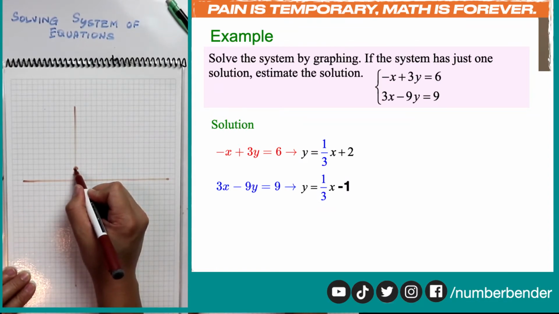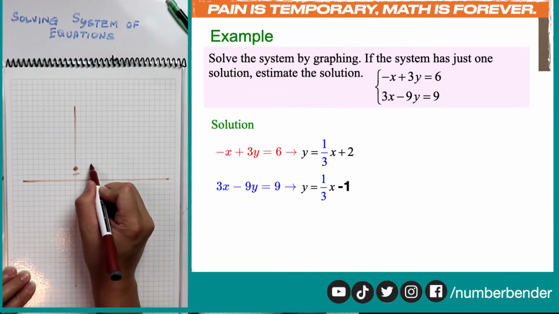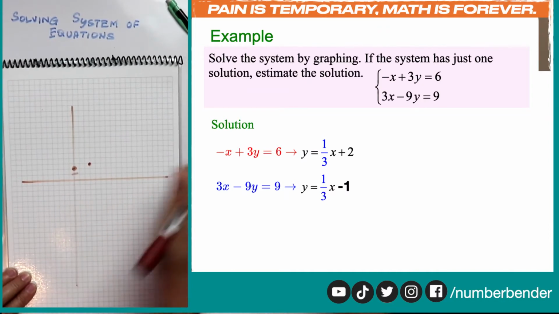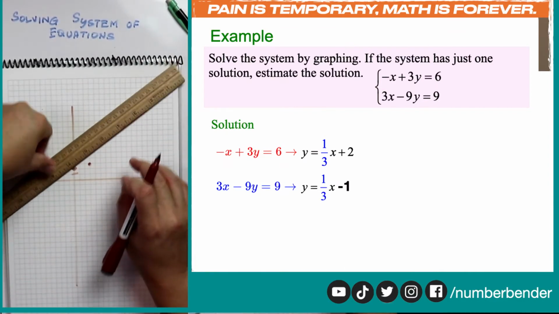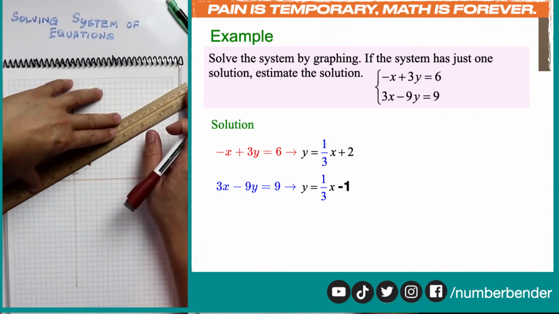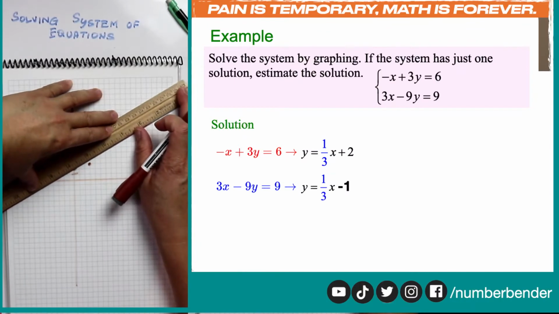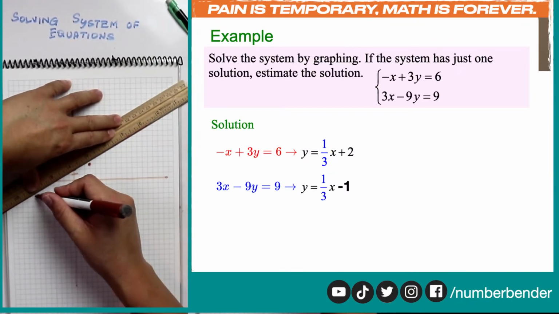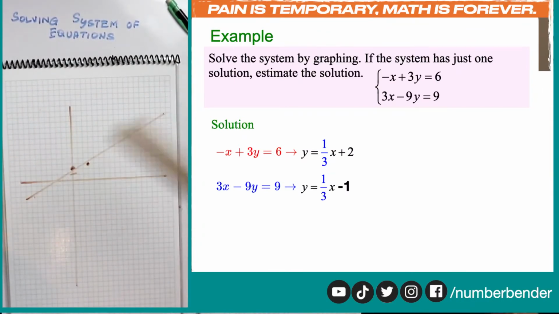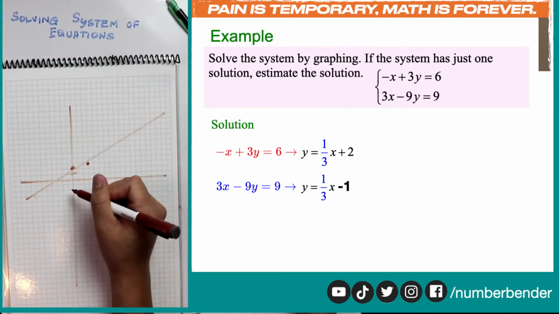So positive 1, up 1, and then 3 across: 1, 2, 3. So this is our second point, and we will connect the dots of line 1 and line 2, and let's see if we'll be able to graph it more accurately this time.